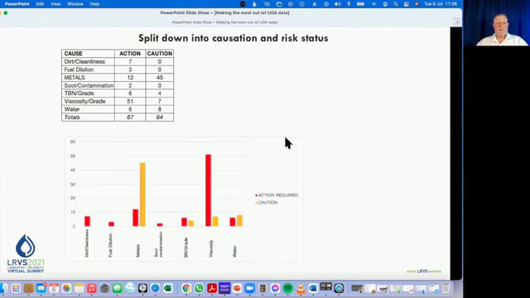If we look at the fault code or the failure mode, again, looking at whether these are actions or cautions, we can see actually most of the metals are cautionary here. They're not particularly significant, but they are of interest, and that could be grade.